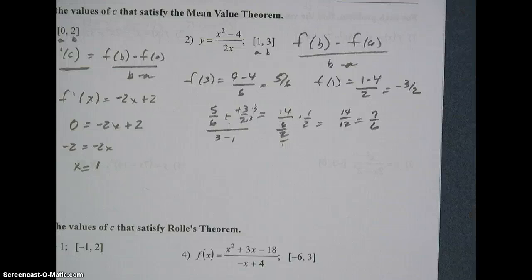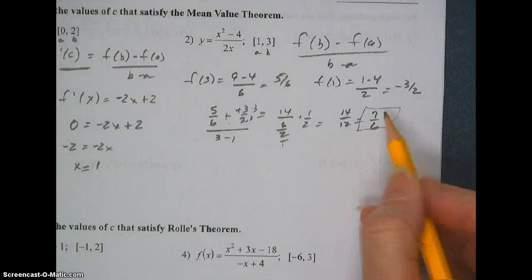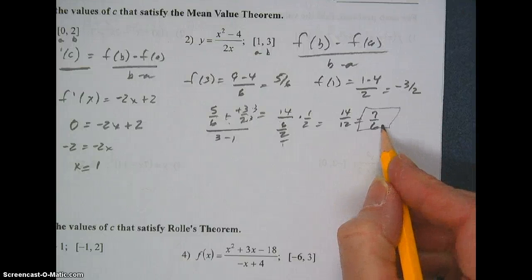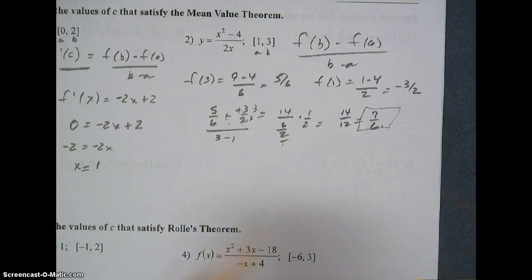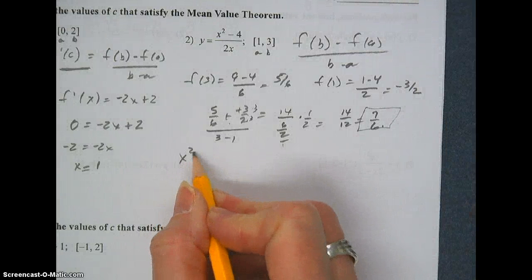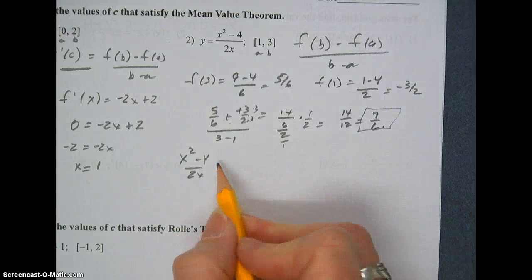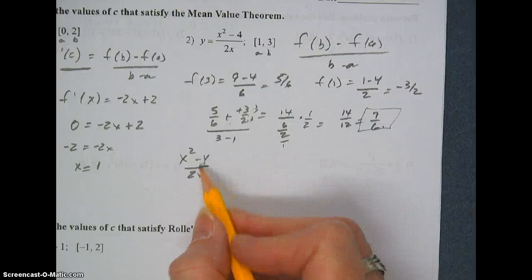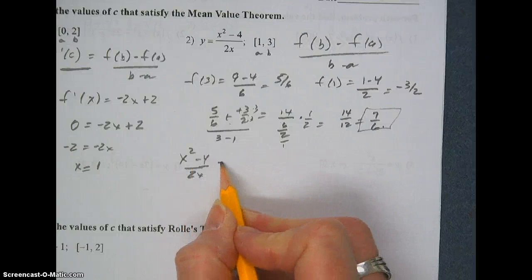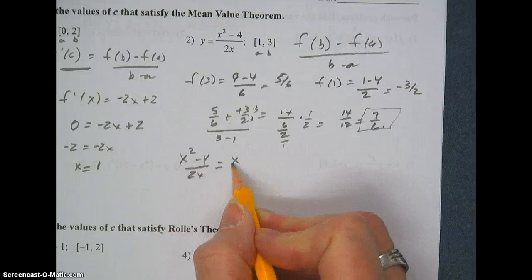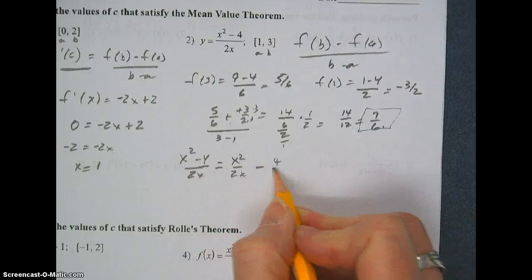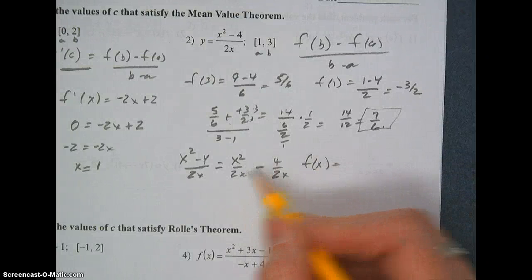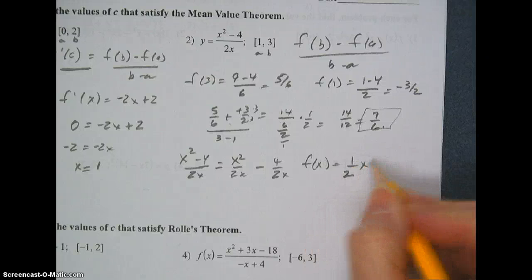So now our step is to set the derivative, the slope of the tangent, equal to exactly 7/6. If we look back at this equation, (x squared minus 4) over 2x, we could use the quotient rule, but since we can separate, let's rewrite this as x squared over 2x minus 4 over 2x. x squared over 2x would be 1/2 x.